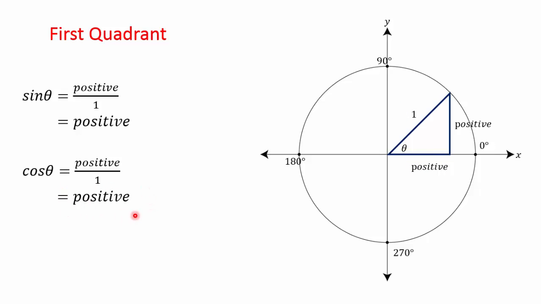So cosine is also always positive. The tangent, opposite over adjacent, so positive over positive, which will always give a positive number. So in the first quadrant, sine is positive, cosine is positive, and the tangent is positive as well.